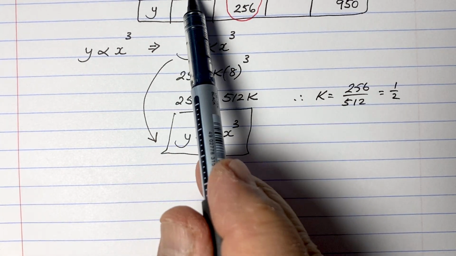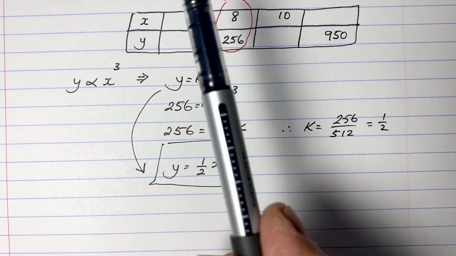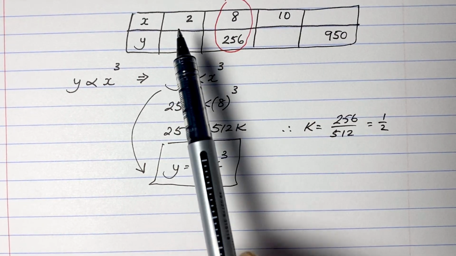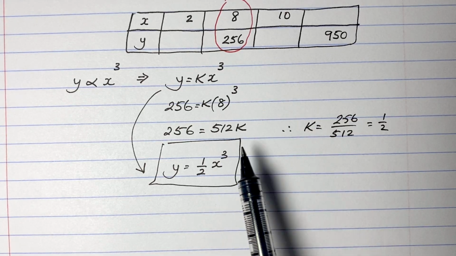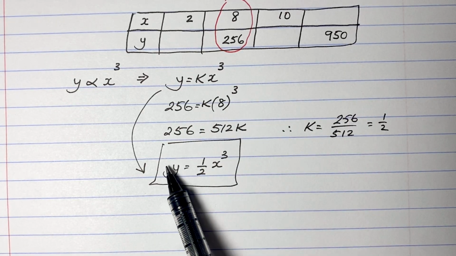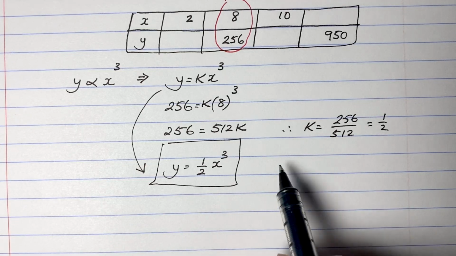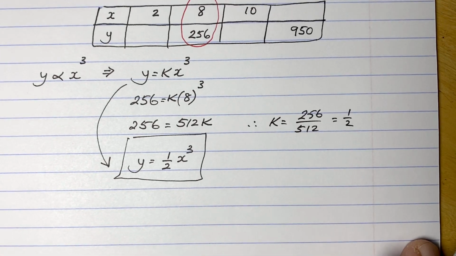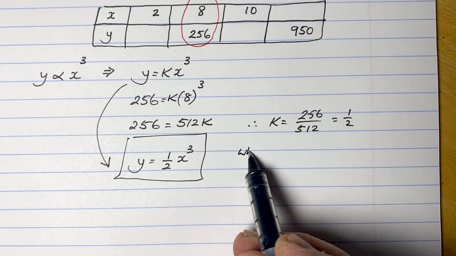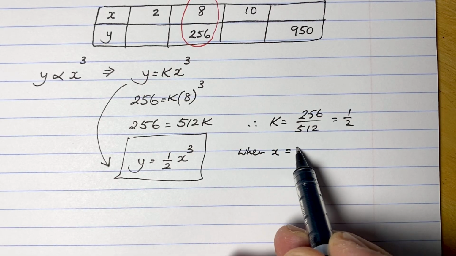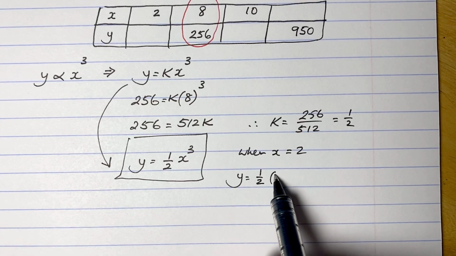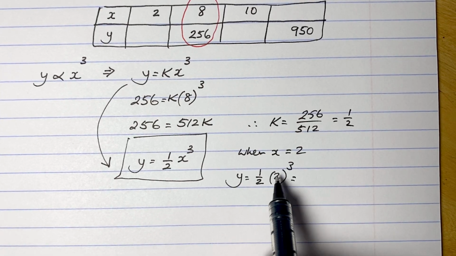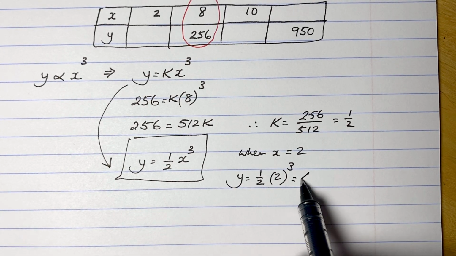Now, I can answer the question based on the table. When x is 2, I replace here. When x is 10, I replace here. When y is 950, I replace in here. So when x equals 2, y would be half of 2 cubed. 2 cubed is 8. Half of it is 4.